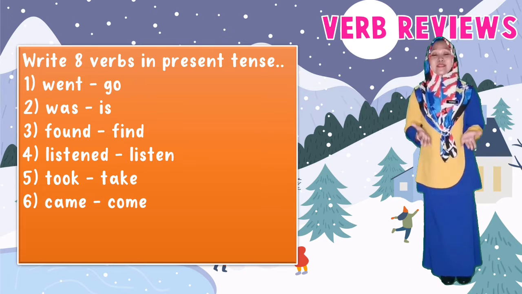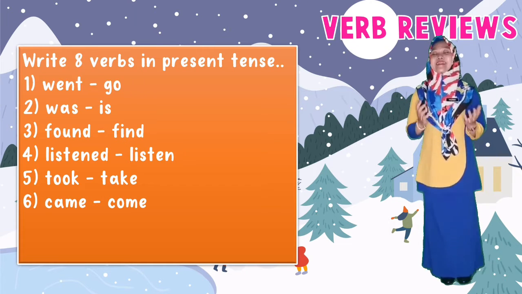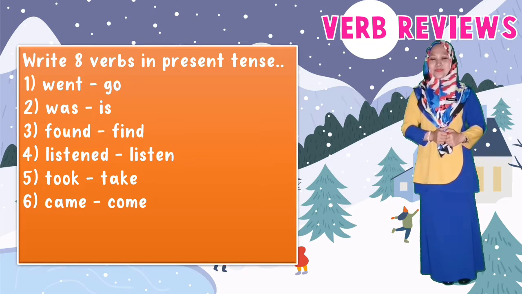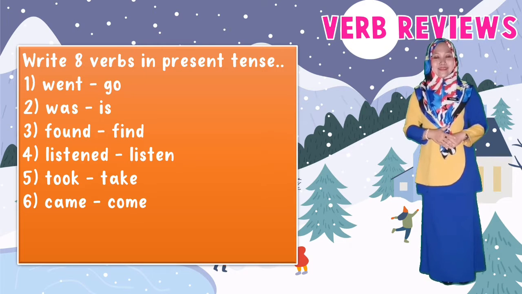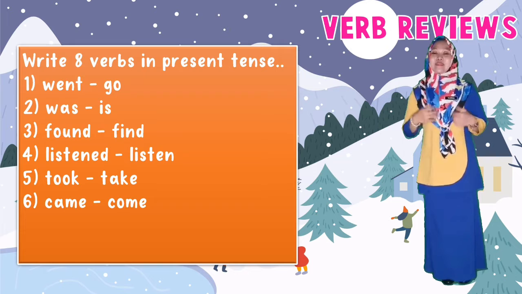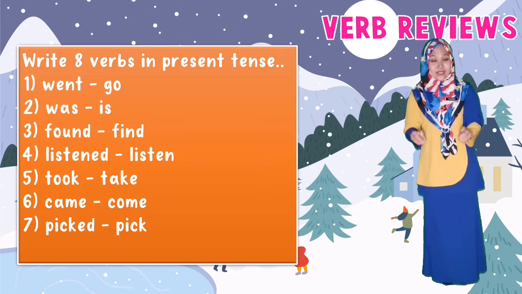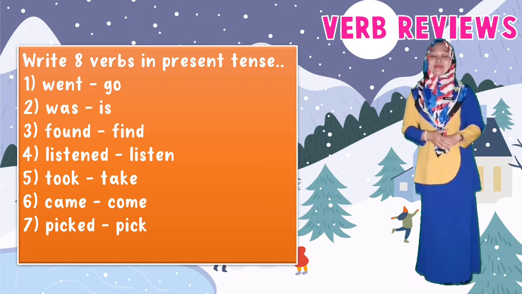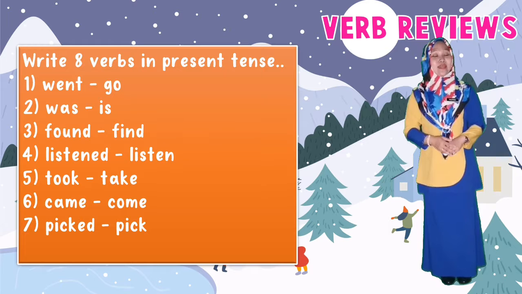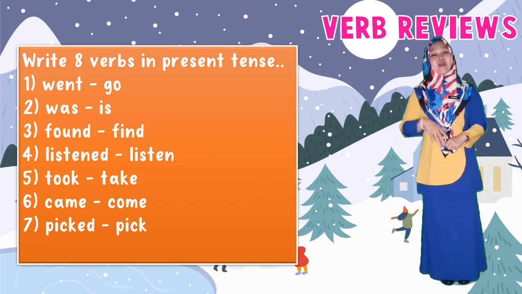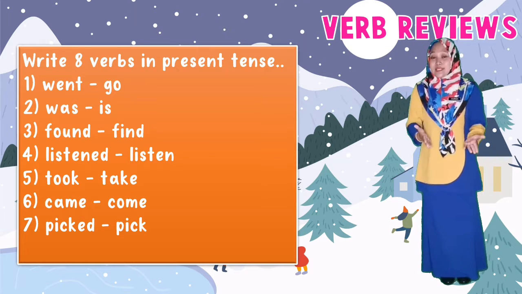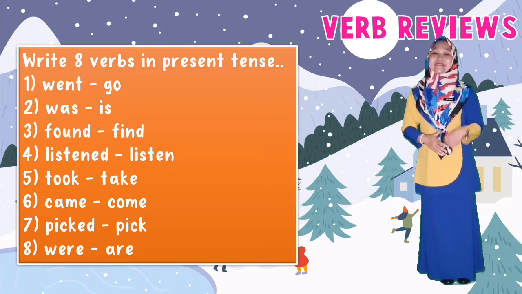The present tense for came is come. Number 7, picked. The present tense for picked is pick. And the last one, number 8, were. The present tense for were is are.